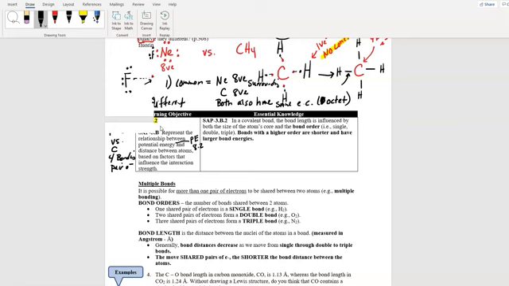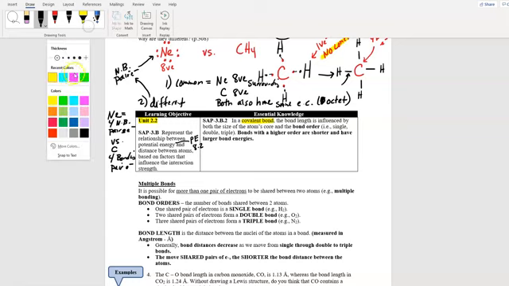Is it a strong interaction or is it a weak one? So in a covalent bond, we already know covalent is nonmetals bonded to nonmetals. The bond length is influenced by the size of the atom's core and the bond order. There is a huge thing that they're trying to tell you right here. So both by size, aka the atom's core, as in the nucleus, and the bond order.